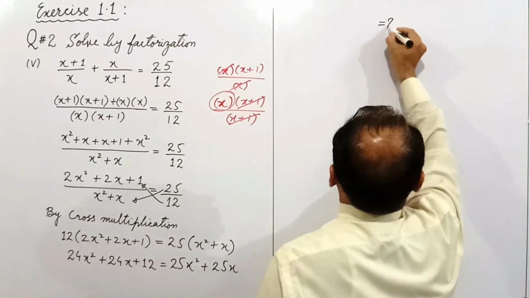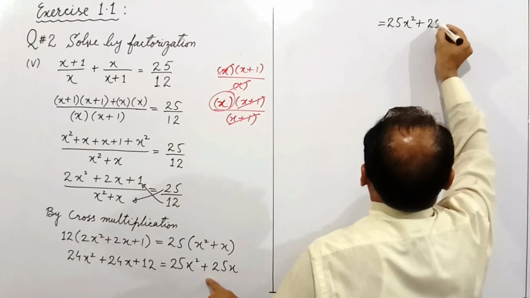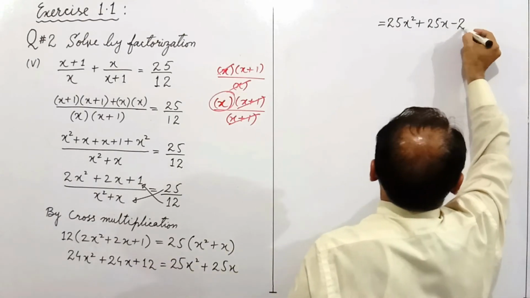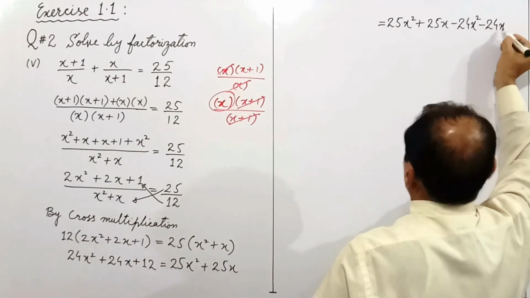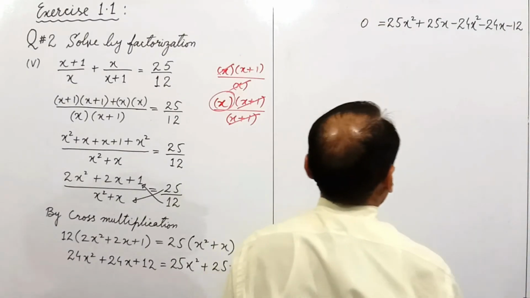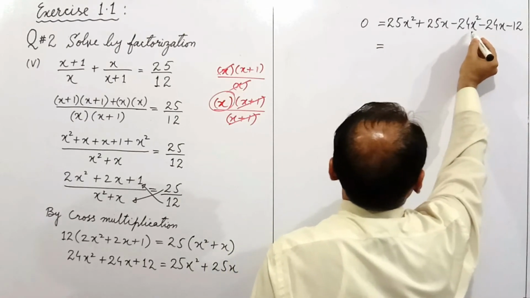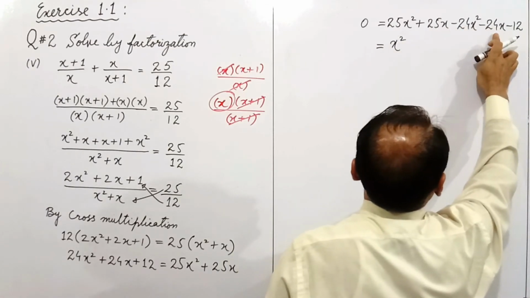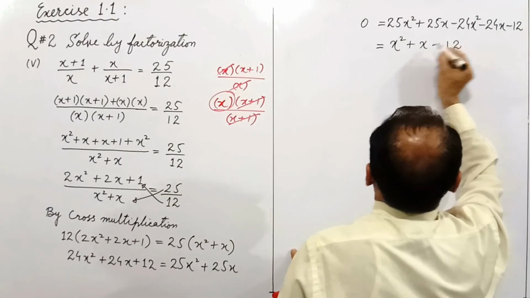We write 25x square plus 25x, and these values are taken to the right hand side, minus 24x square minus 24x minus 12, and in the left hand side 0 is left. 25x square minus 24x square, like terms, different sign, we do subtraction, we get x square. 25x minus 24x, we do subtraction, plus x, we have minus 12.